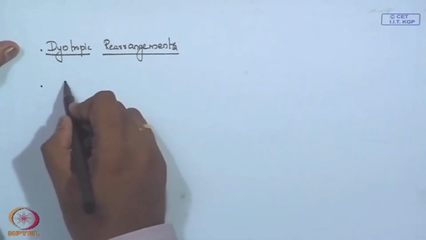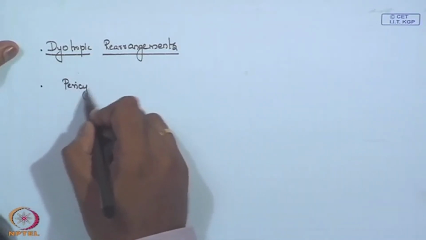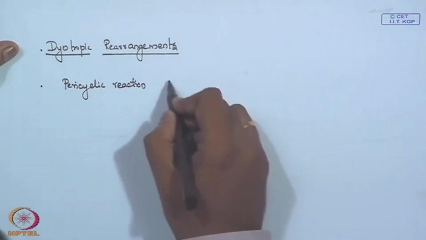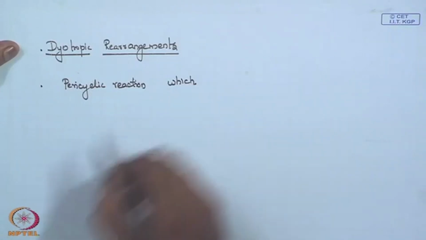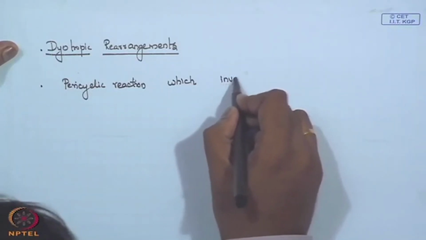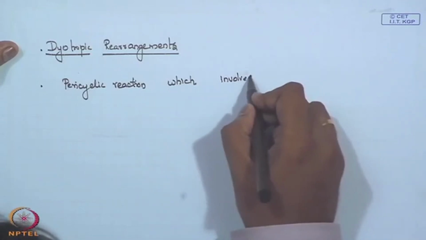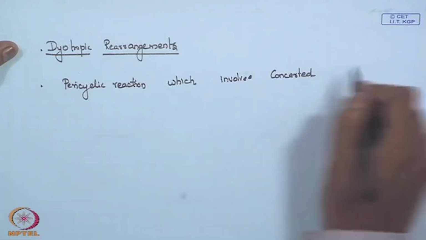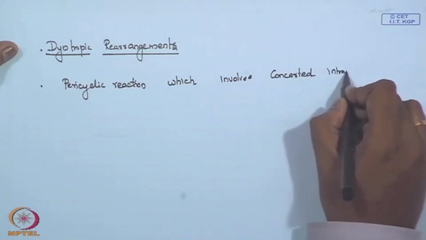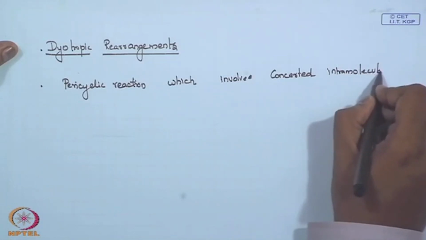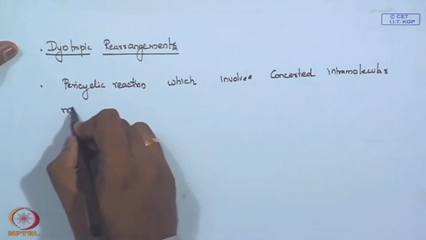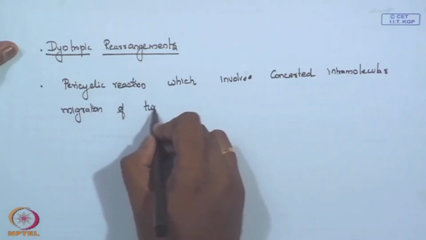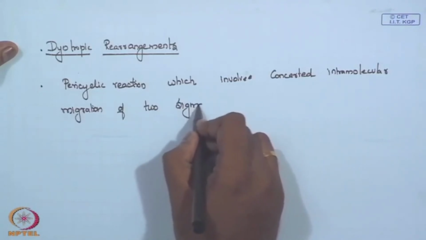See, a pericyclic reaction which involves concerted intramolecular migration of two sigma bonds.